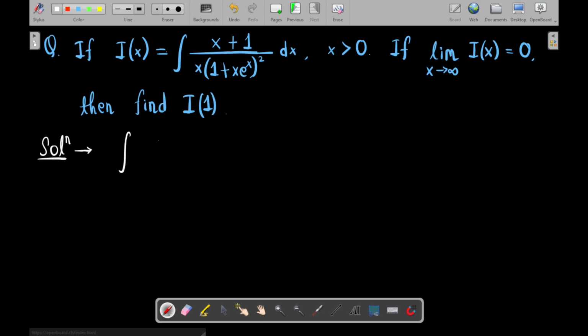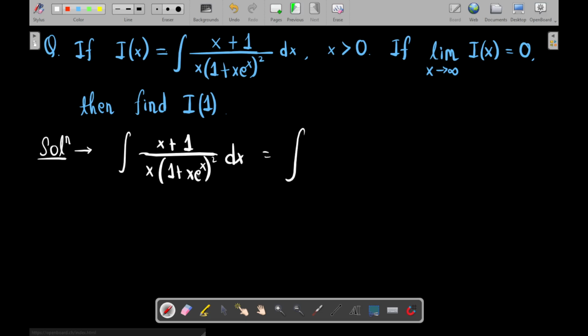We are given the integral (x plus 1) divided by x times (1 plus x e to the power x) whole squared dx, right? So you'll see this term is a square term, and it also contains x and the product of e to the power x.